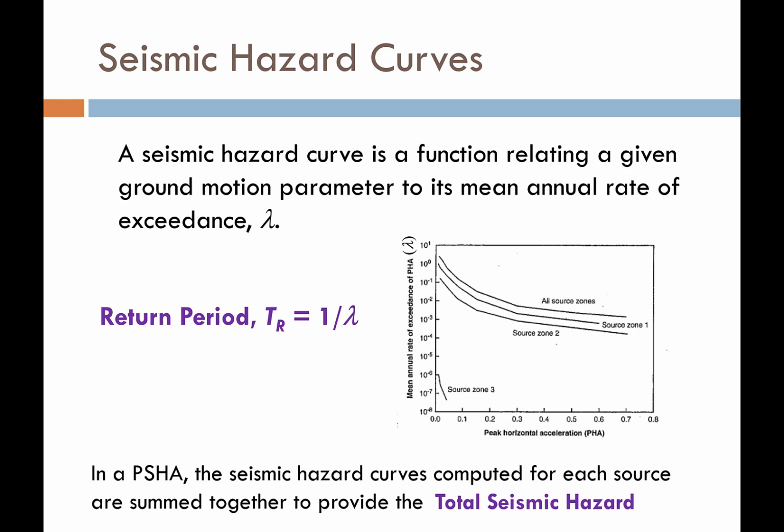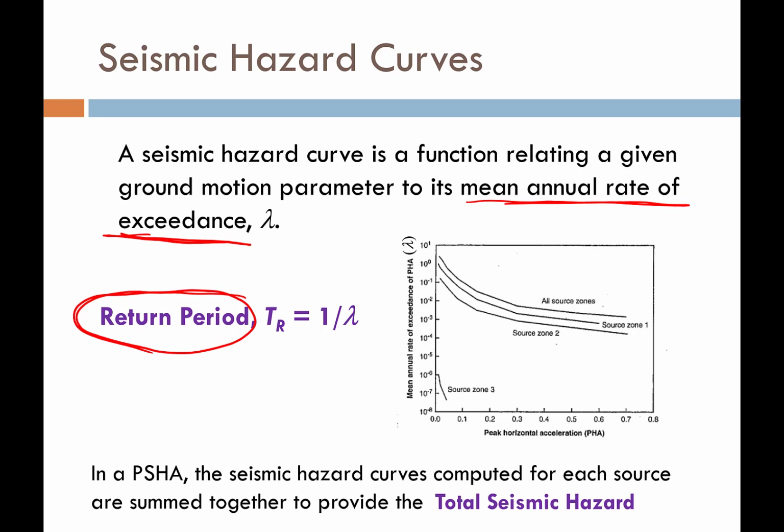One thing that you might find interesting, if this terminology of the mean annual rate of exceedance seems vague to you or nebulous, you don't really understand what it means, a lot of you are more comfortable with this term, the return period. The return period is the average amount of time that passes between experiences of a given intensity.